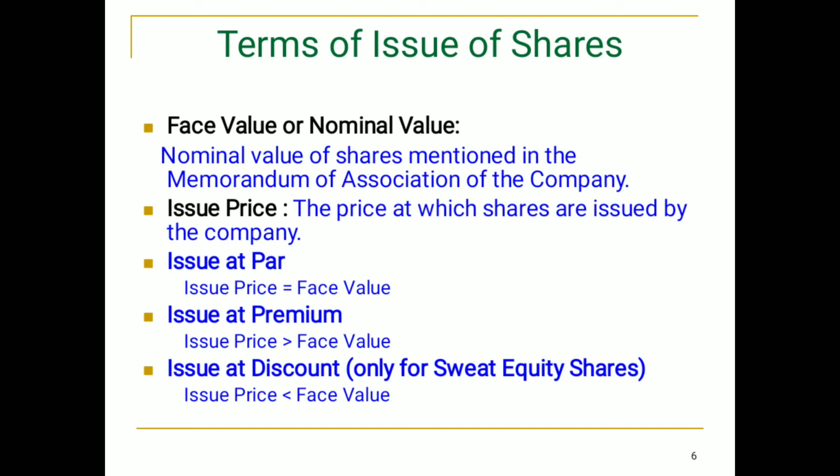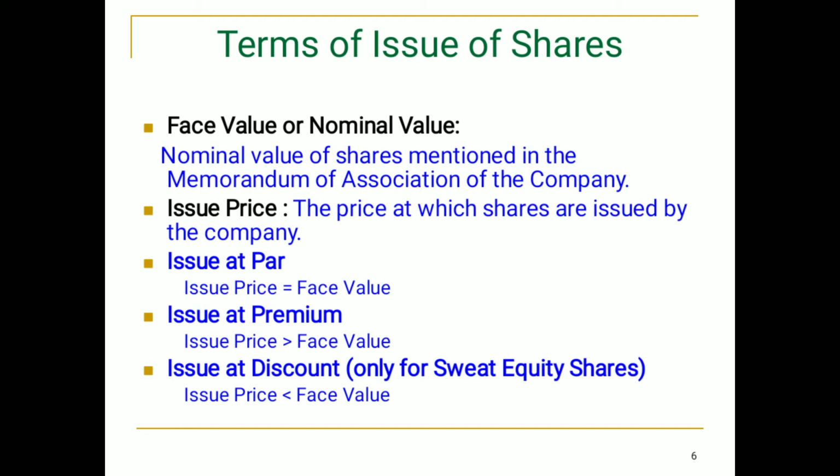Suppose the amount of a share is rupees 10, and that share is issued for rupees 10 itself. Yes, this is said to be issued at par. When you issue the share at face value, it is said to be issued at par.